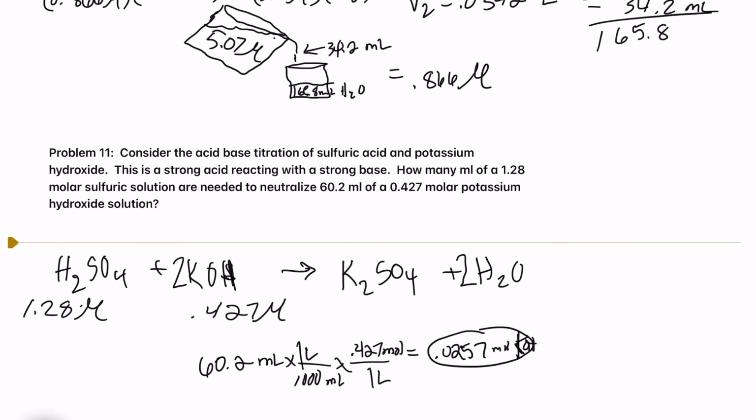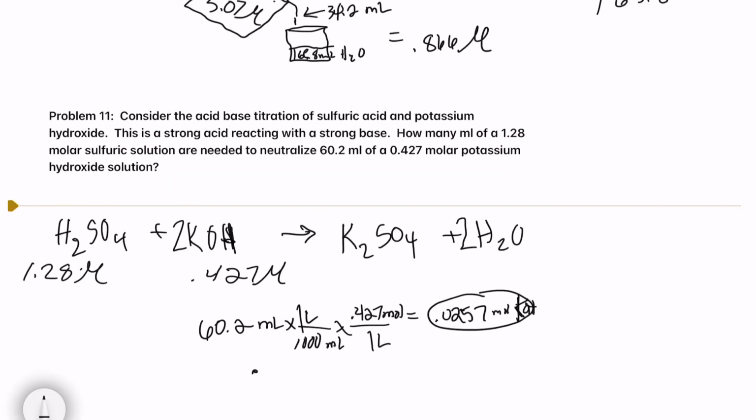And so now we need to figure out how many moles of sulfuric acid we need to neutralize our 0.0257 moles of potassium hydroxide. And so this is going to have us analyze our mole-to-mole ratio here.